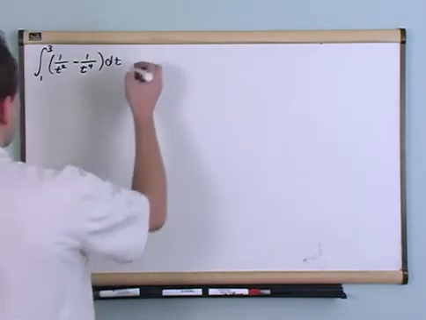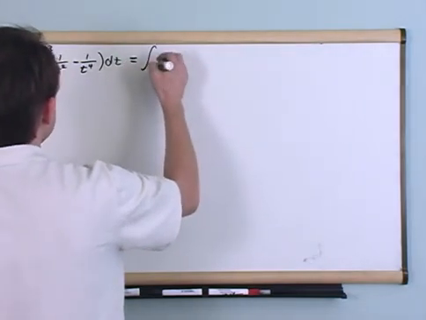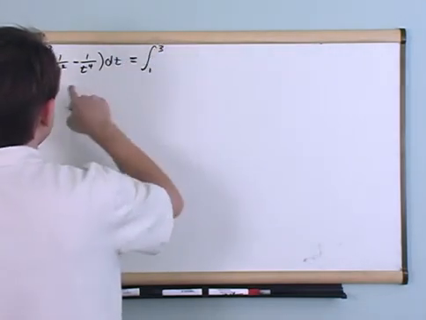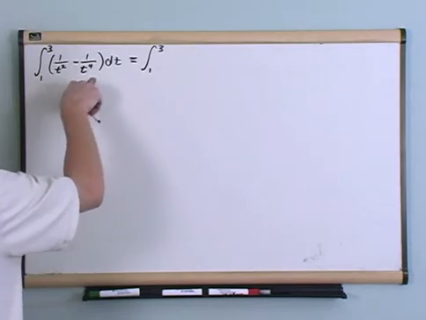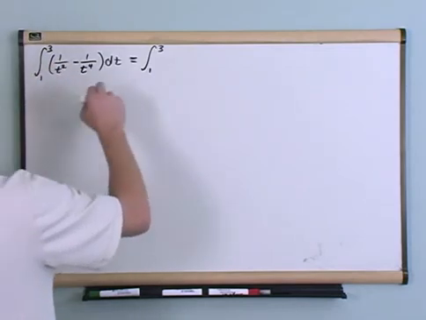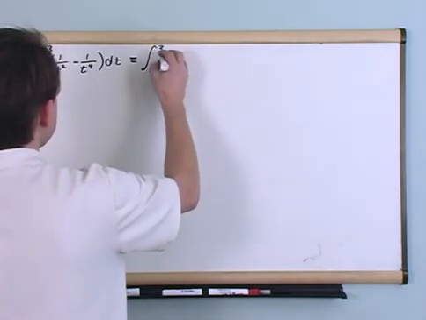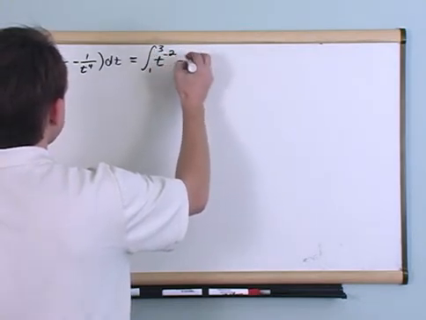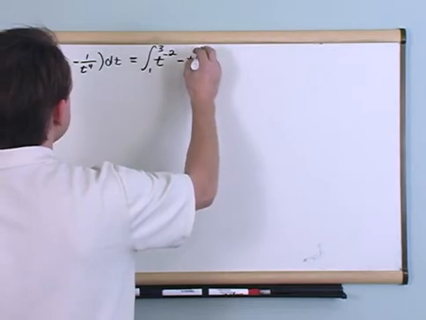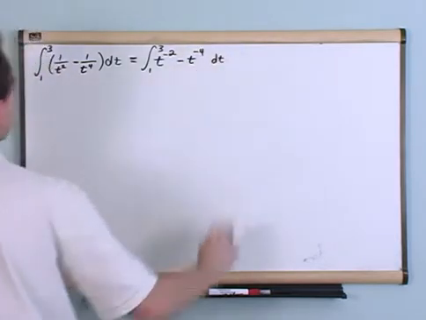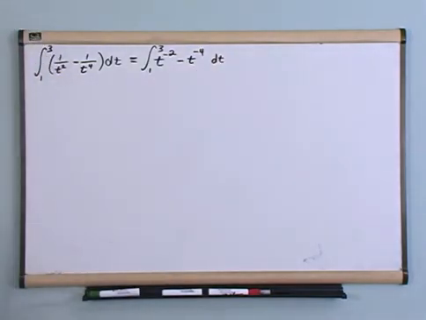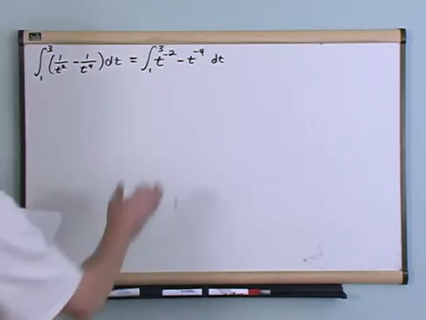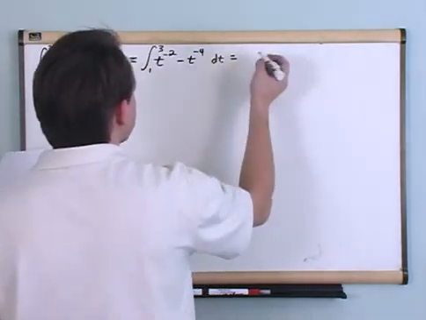What I like to do when I see a problem like this, I've been saying it over and over again, is write these in terms of exponents instead of powers. So this would be t to the minus 2 power minus t to the minus 4 power dt. That's exactly the same thing. And when I write it this way, it becomes much easier.